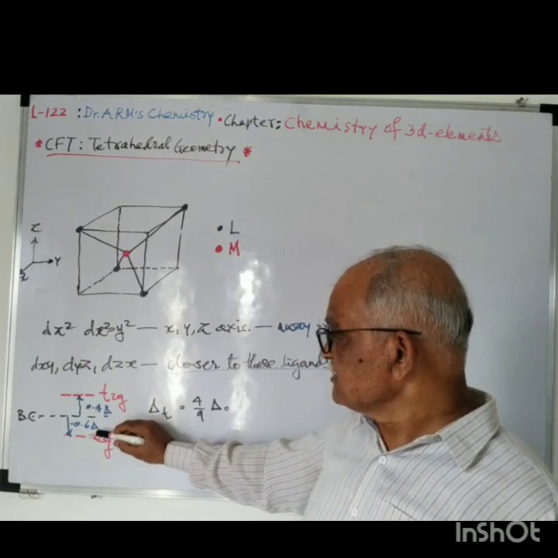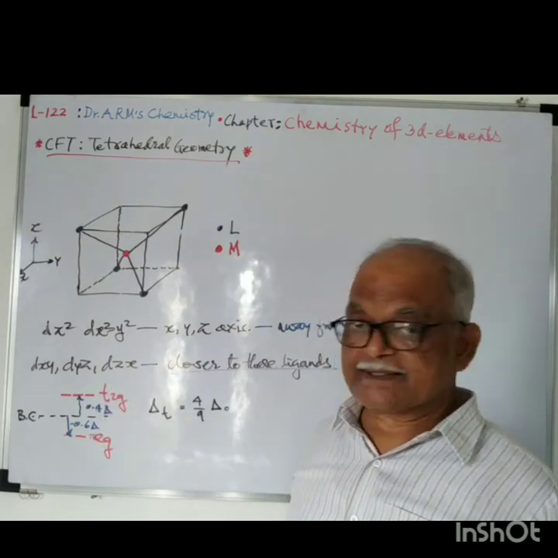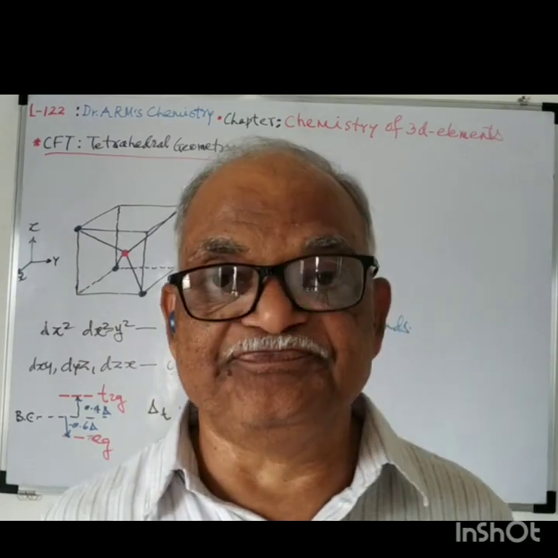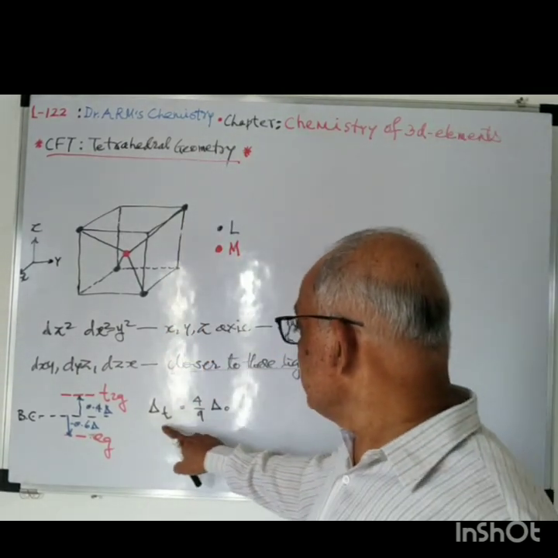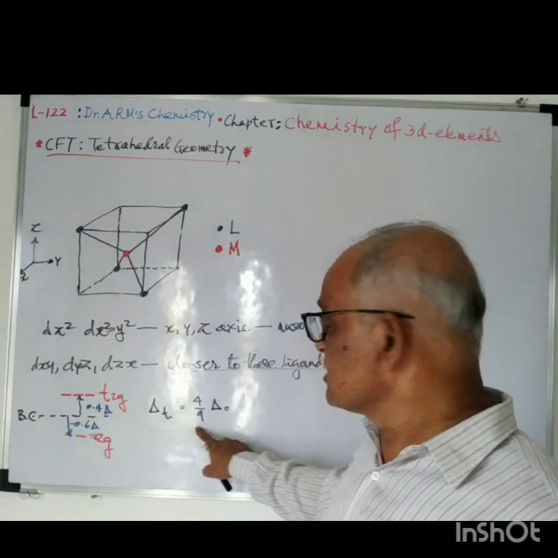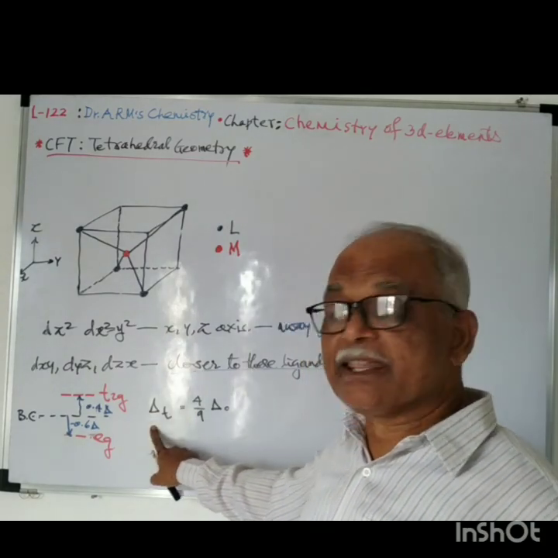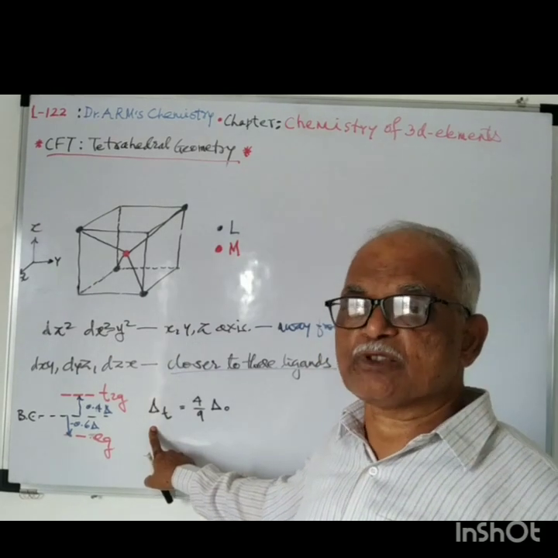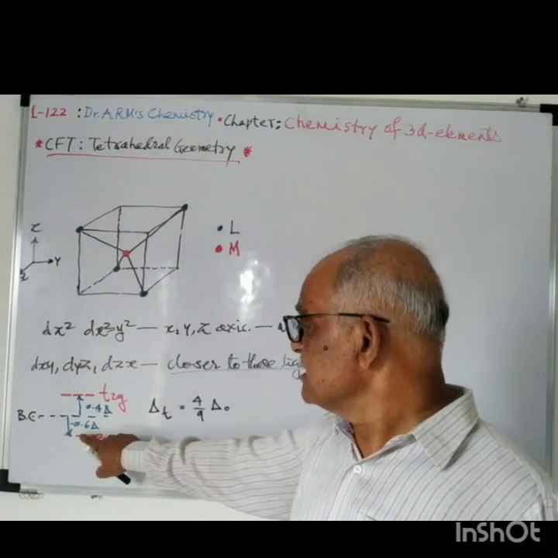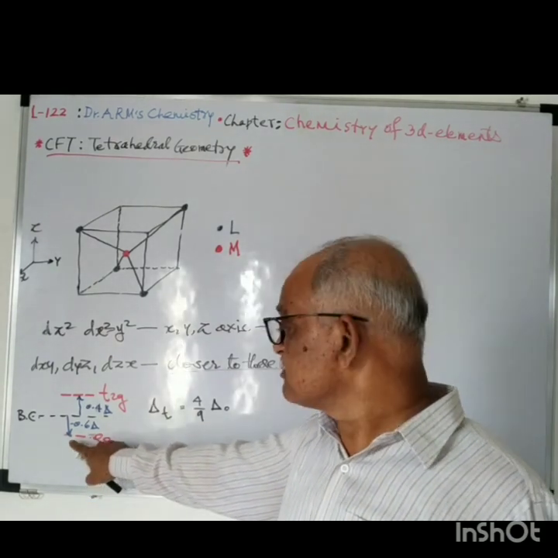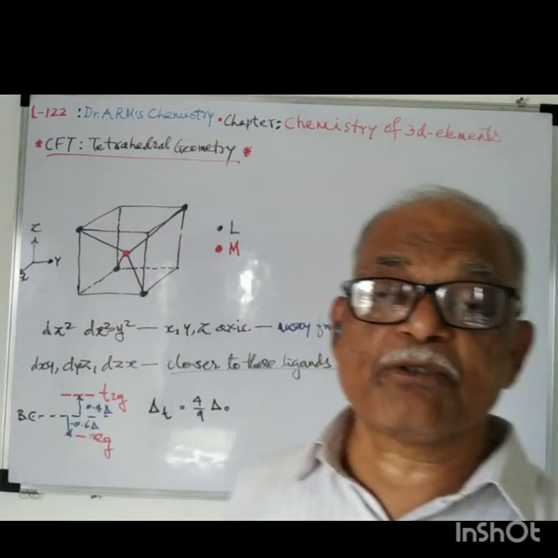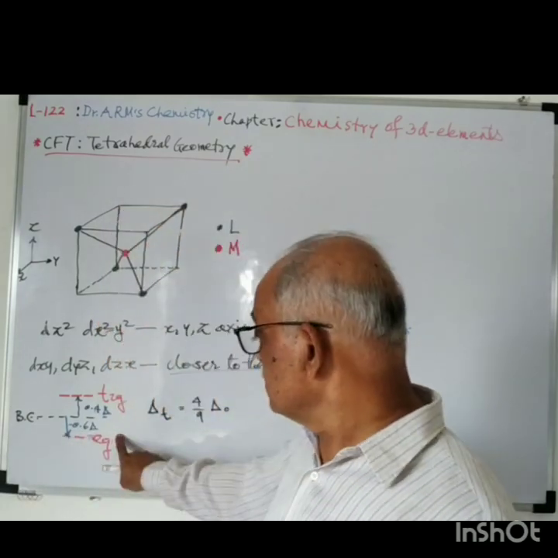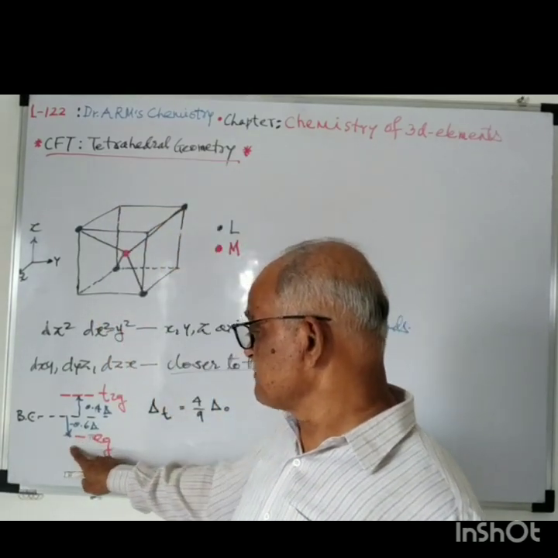Therefore, most of these complexes are found to be high spin because of the relatively smaller energy difference. Compared to the octahedral complex, the delta is nearly half. Because of this, the energy required for putting an electron in t2g is lower than that required for pairing in the lower energy eg orbitals.